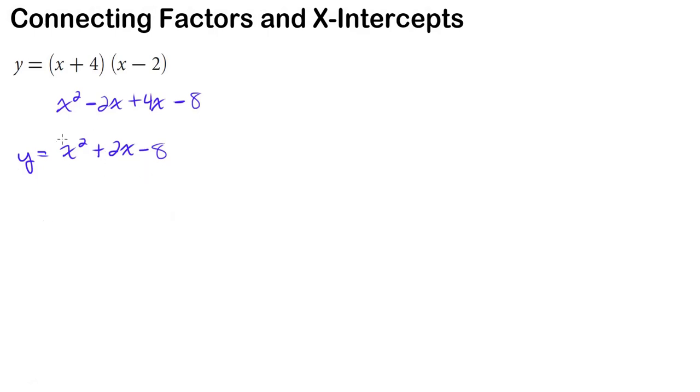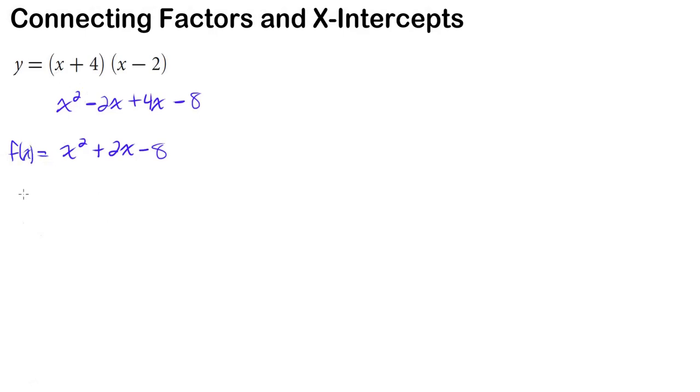One other thing we're going to do is take each one of these factors, x plus 4 and x minus 2, and write them as separate functions. I'm going to change this y to f of x.